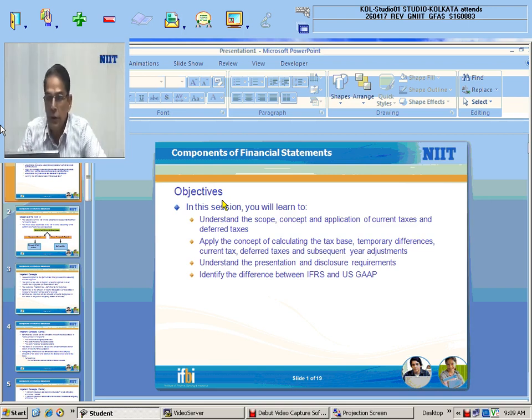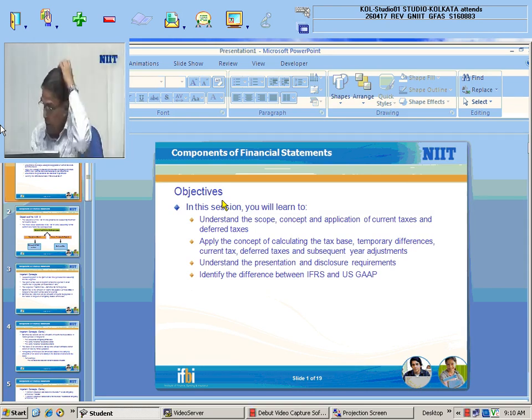So I will give you a very simple example to make you understand how profit or tax calculated in the financial reports, that is the profit and loss, can differ from the actual tax payable by the entity.